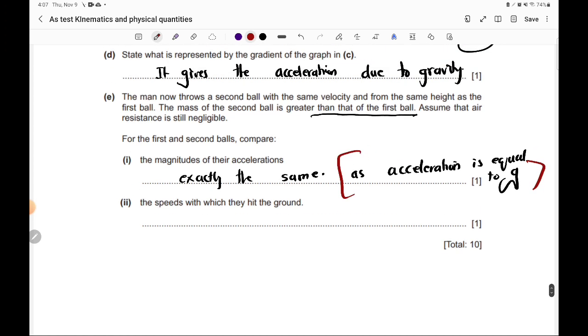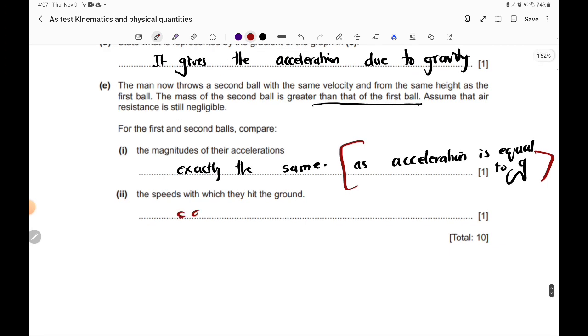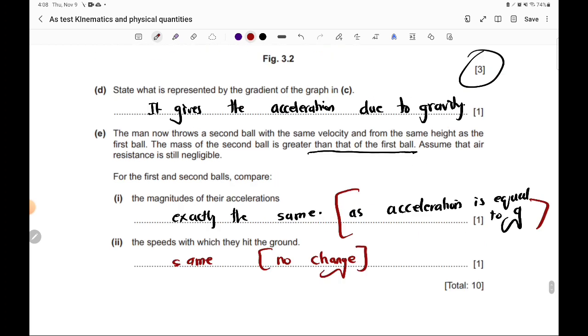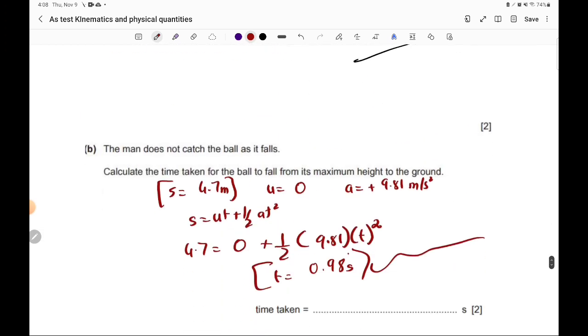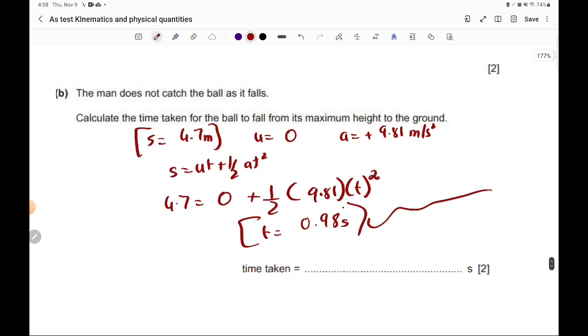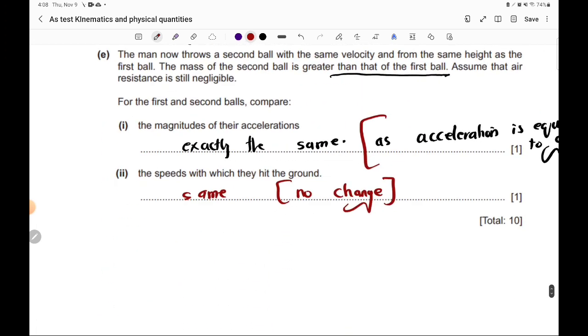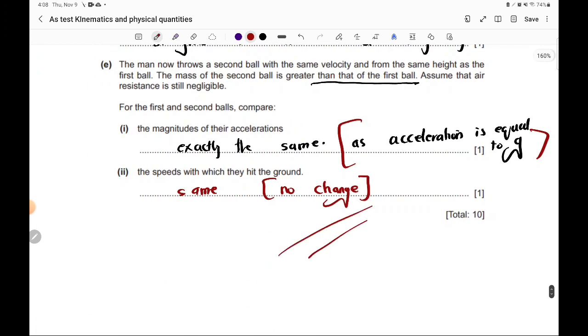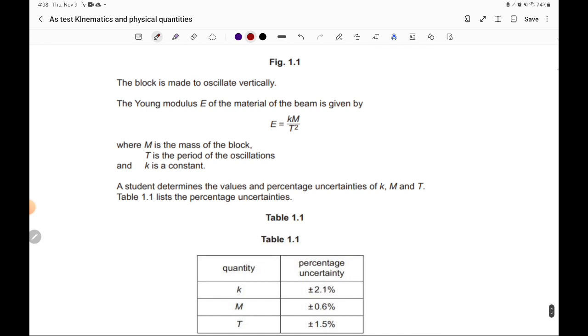Okay, the speeds at which they hit the ground, same, no change, because the equations that we used for solving this question do not have any reference to mass, so it won't change. Okay, so there you have it. This question is done.